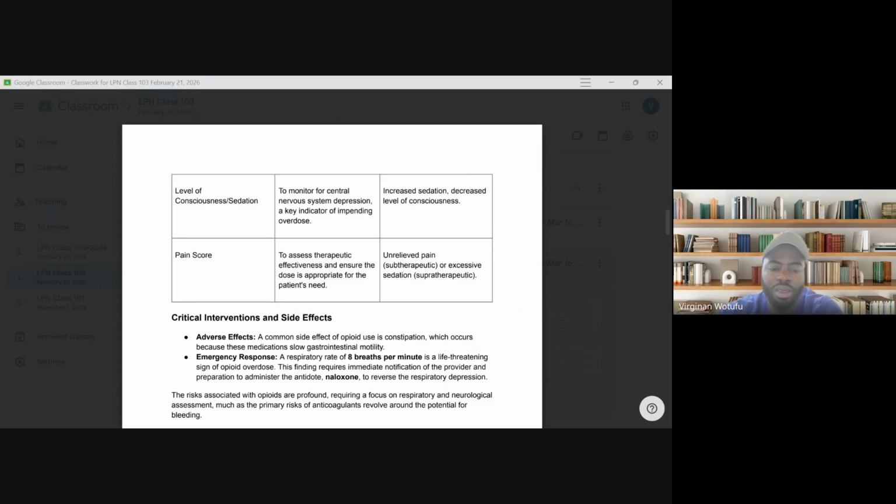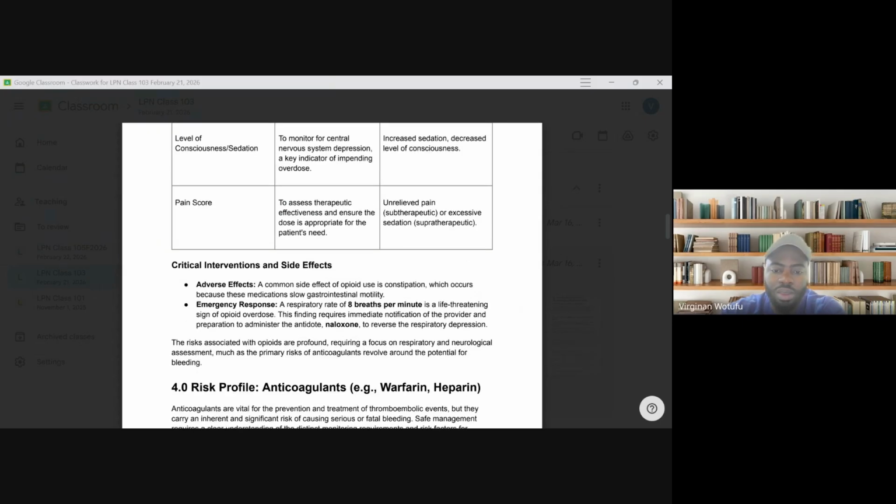And in an emergency, once you notice respirations of 8 breaths per minute, it's an indication of morphine or opioid toxicity, which is a very serious and life-threatening situation. So you notify the provider immediately, right, and prepare for the administration of naloxone, which is the antidote.